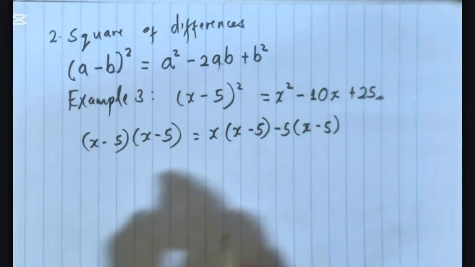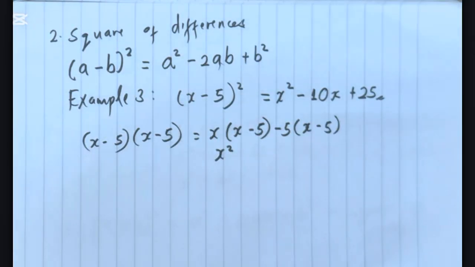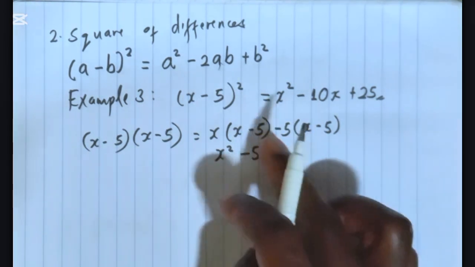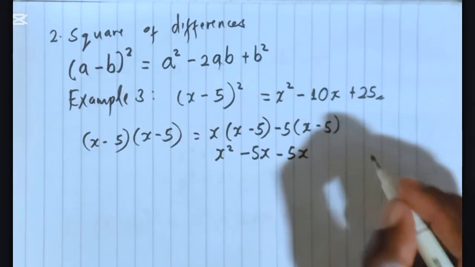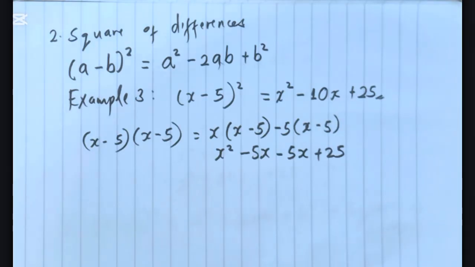All right. So x times x will give us x squared, and then x times negative 5 will give us negative 5x, and then negative 5 times x will give us negative 5x, and negative 5 times negative 5 will give us 25. All right.